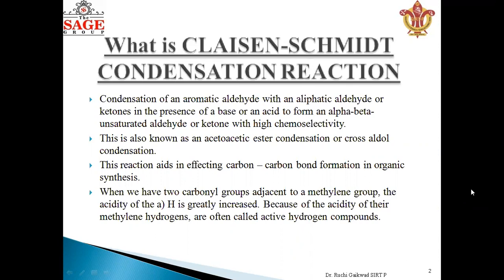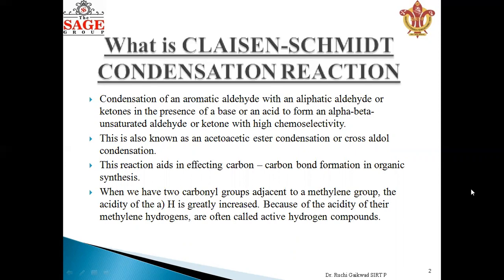In this reaction, the condensation of an aromatic aldehyde with any aliphatic aldehyde or ketone, in the presence of a base or an acid, gives the alpha beta unsaturated aldehyde or ketone with higher chemoselectivity.